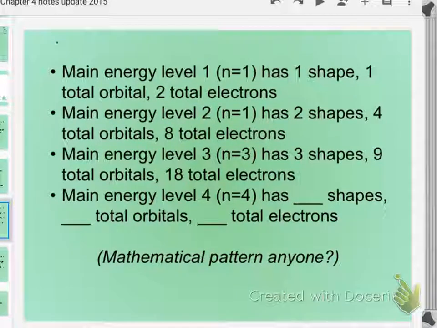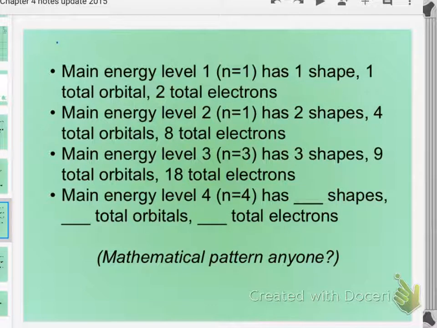For my mathematical pattern people, one more slide I want to talk about. Who likes mathematical patterns? Look at that. 1, 1, and 2. 2, 4, and 8. 3, 9, and 18.